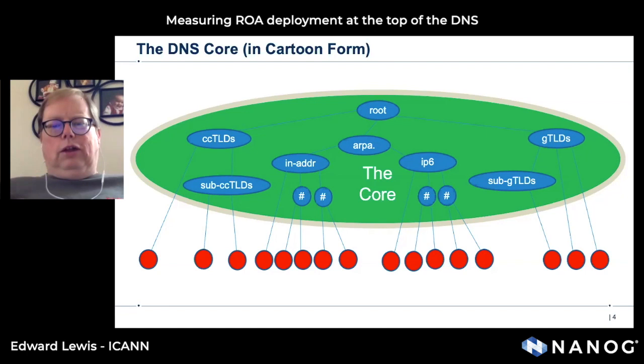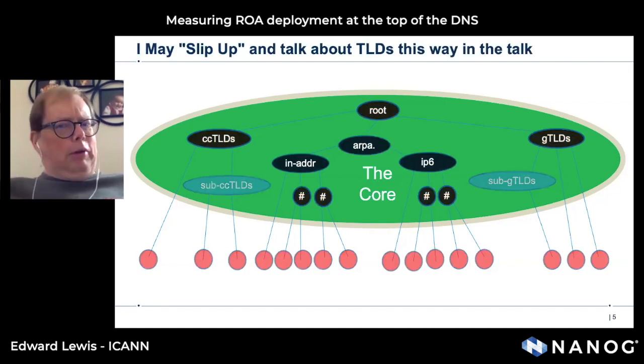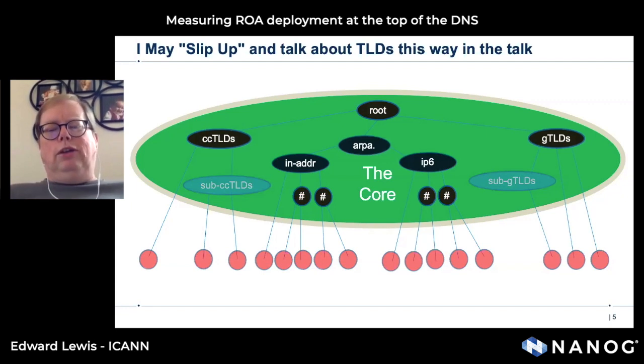Now, I want to take one side step here and say that in my talk, I'm going to talk about TLDs. And I'm using the word TLD in my talk sometimes not exactly the correct way. TLDs, we generally think of the ccTLDs, the jurisdictional based or country code is what CC stands for, TLDs out there, the generic, the commercial TLDs out there. But I also throw in the reverse map as part of that because they kind of behave the same way when it comes to the DNS protocol itself.